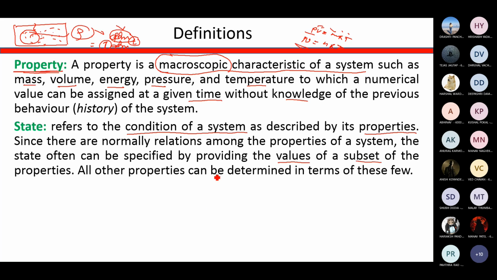For example, let us say you have an XY plane. This is X and this is Y. How many coordinates are required to define the position of this dot here? You simply require the X coordinate and Y coordinate. So these two minimum properties are sufficient to locate this dot on the XY plane, right?